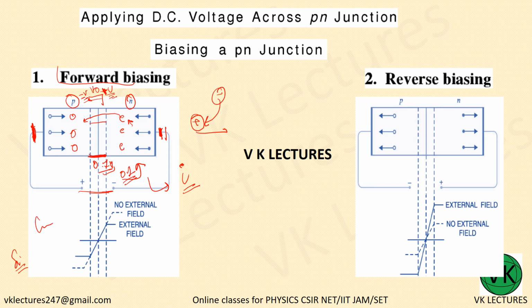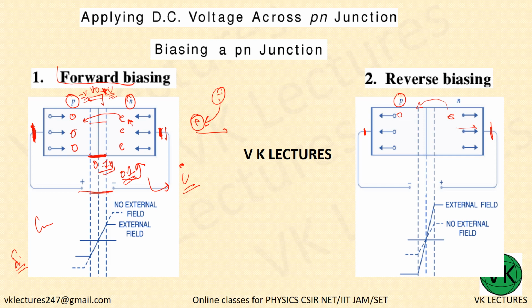Alright. Now let us see what happens in the reverse bias. There were electrons and there were holes. Once it is reverse bias, it means the P region is connected to the negative terminal and the N region is connected to the positive terminal. These electrons, rather than trying to cross this junction, will move towards the other area.